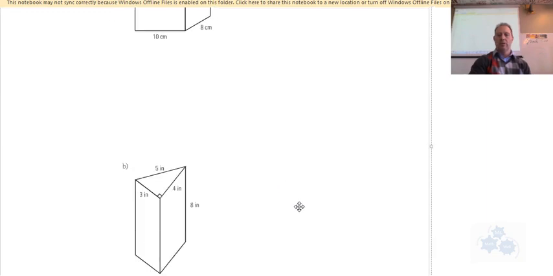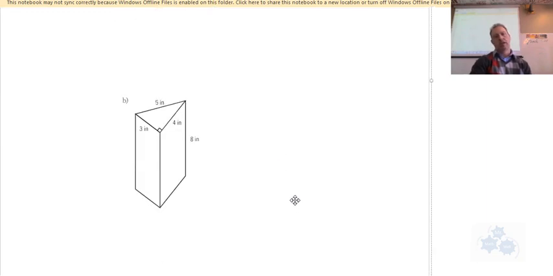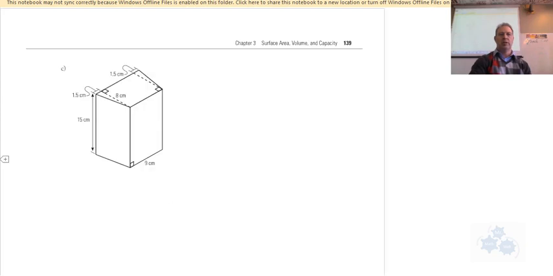Okay, so with these questions here, oh, this one's going to be a tricky one, because that's not a square or a rectangle on the top. What shape is that? Yes, trapezoid. We took a look at that last lesson. That's a trapezoid.